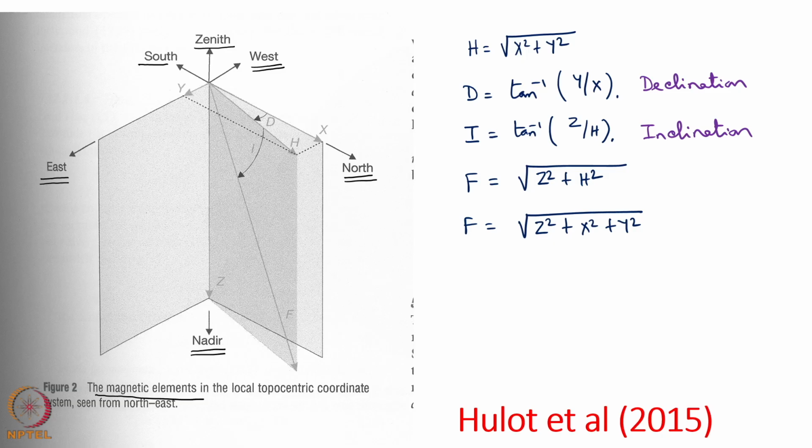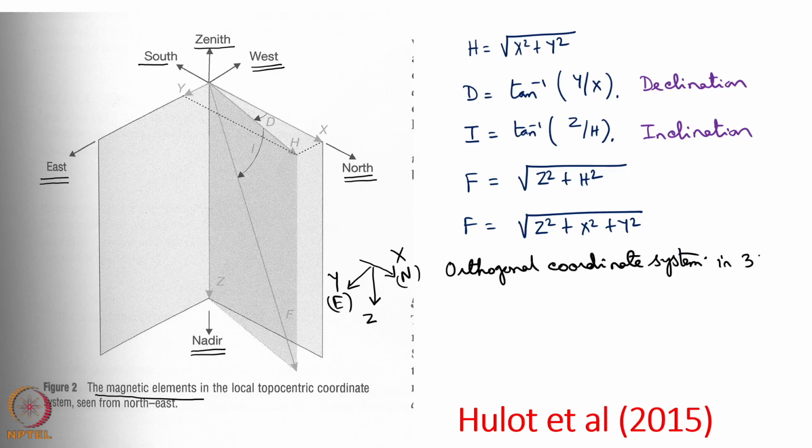The Z axis is defined in this way: the vertical line. This geographic north direction is the x axis, and we take the y axis towards the east direction. This is east and this is my y axis. So, we have taken an orthogonal coordinate system in 3D and we call this the north-east-down coordinate system.